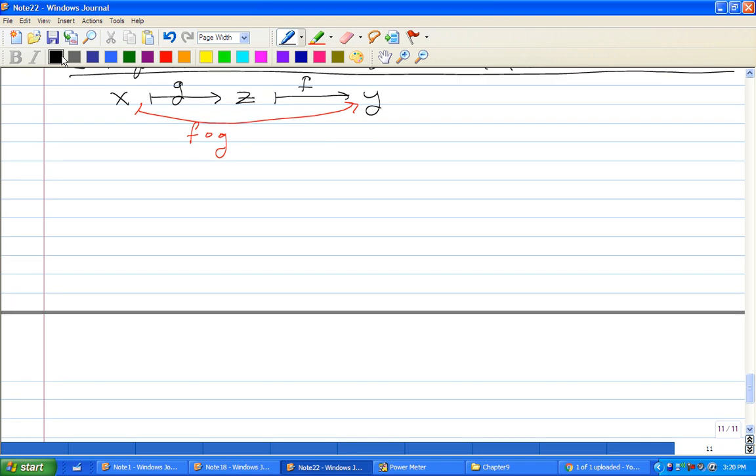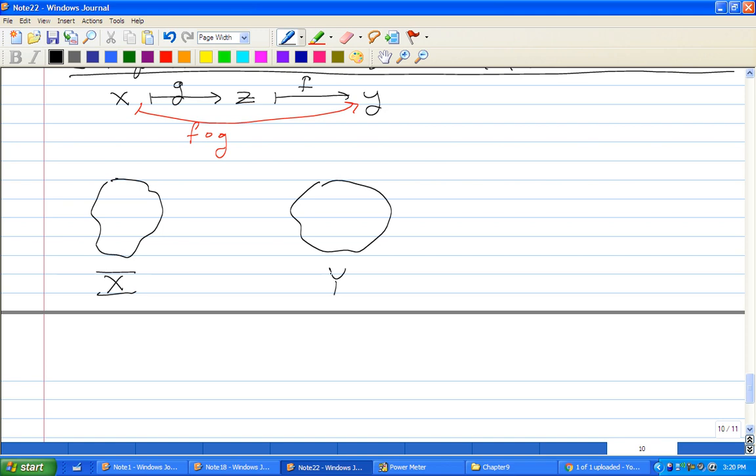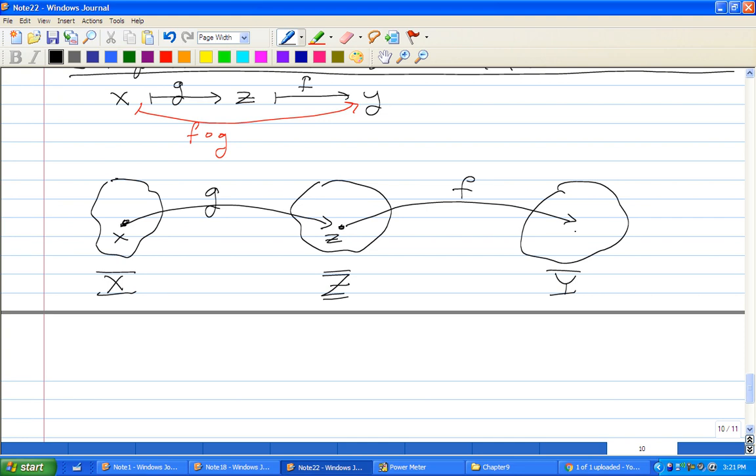So suppose I have here X, Y, no, let's call this Y, and let's call this Z. Okay, and suppose I have some x that's mapped to some z by some rule g, and I have some rule f that maps z to y.